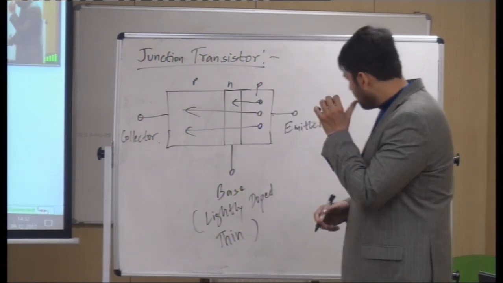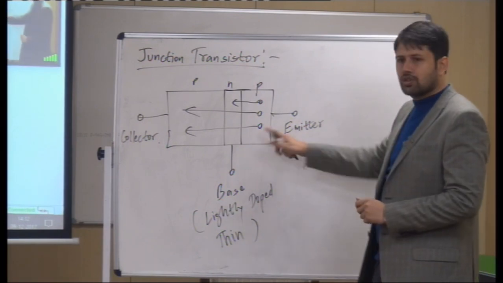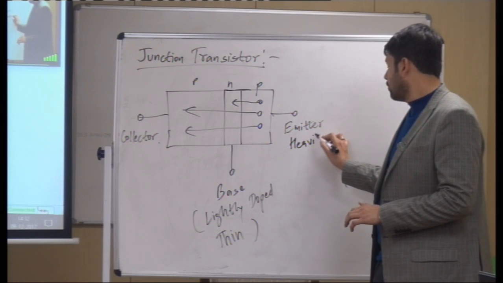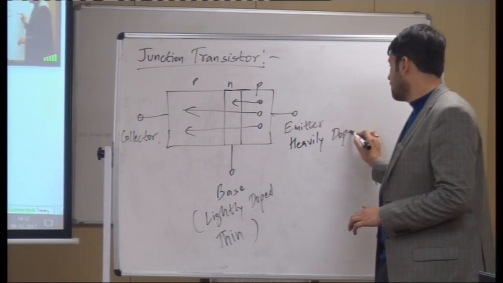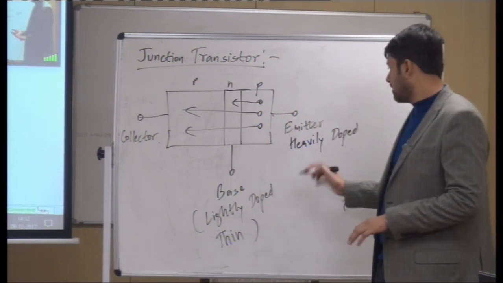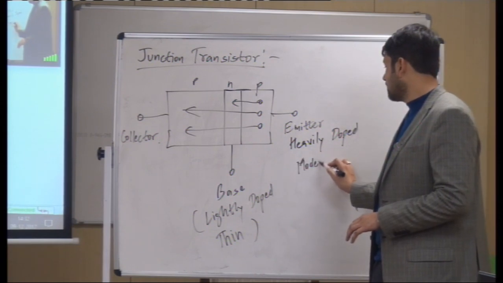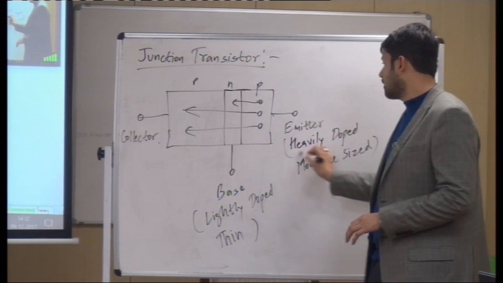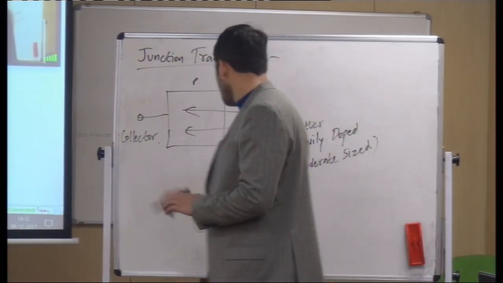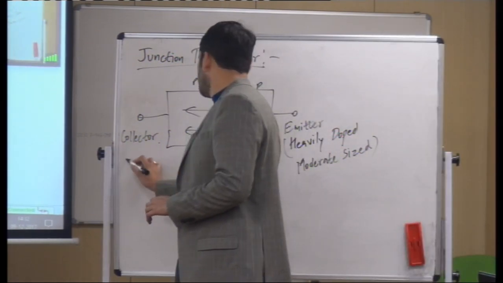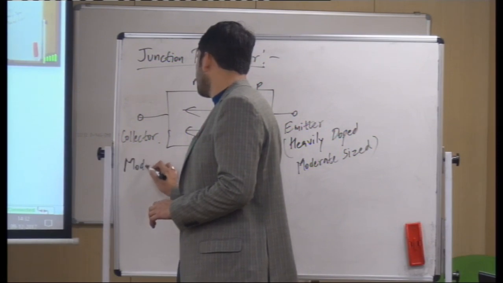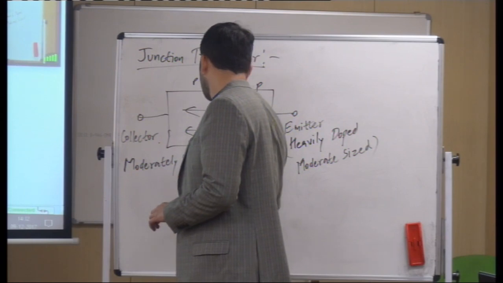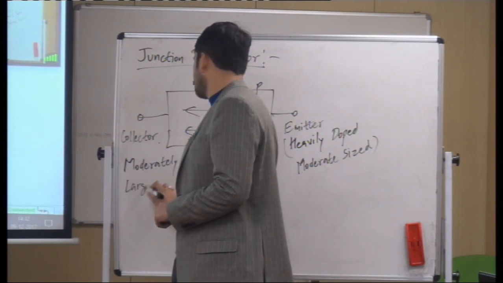The emitter is the source of charges, so you need it to be heavily doped. The more the doping, the more charge it can supply. It is moderate sized. The collector is moderately doped and large sized.